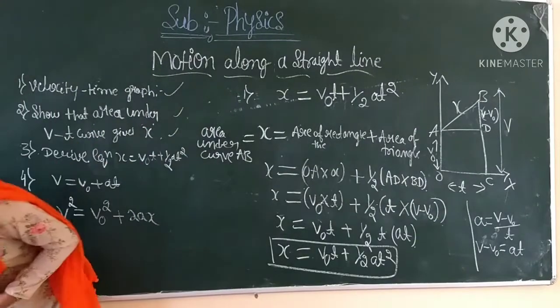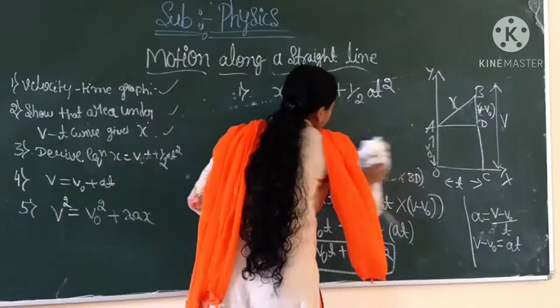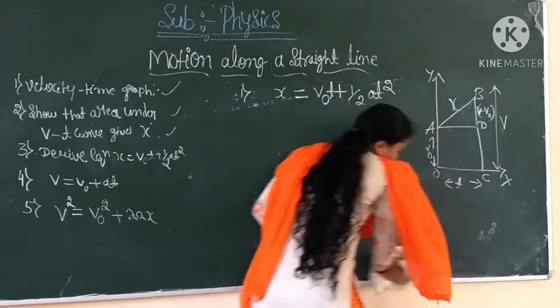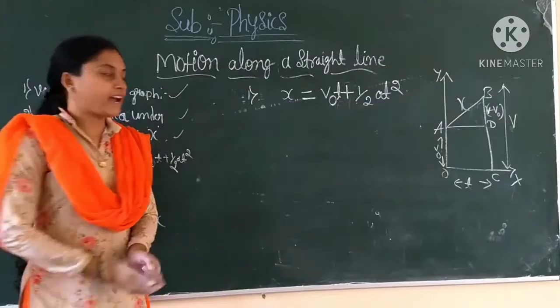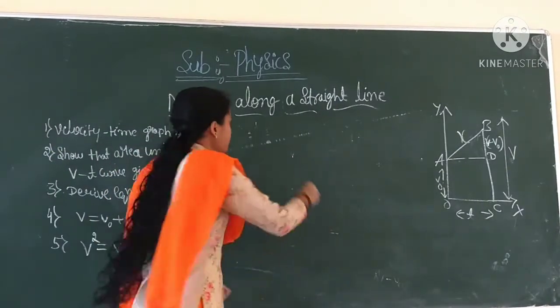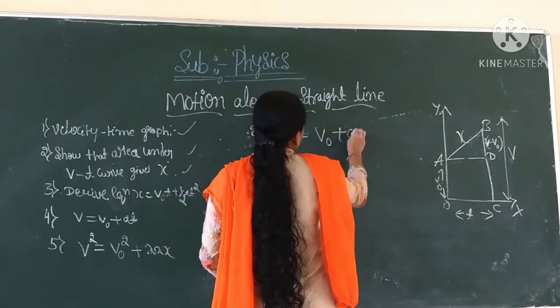Next, move to the next equation to derive by using the VT graph. First take the same diagram. So next move to the second derivation: V is equal to V naught plus At.